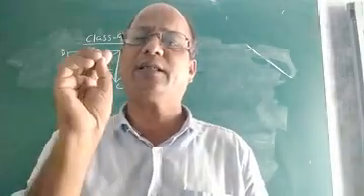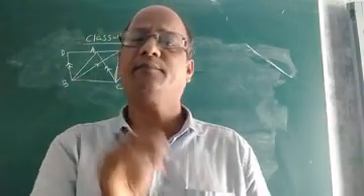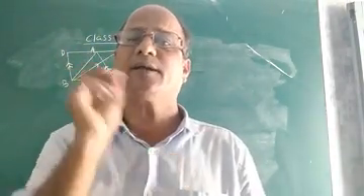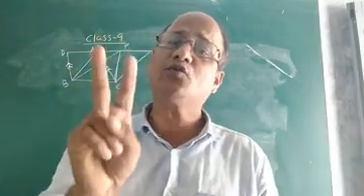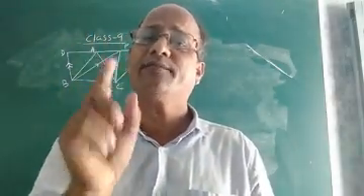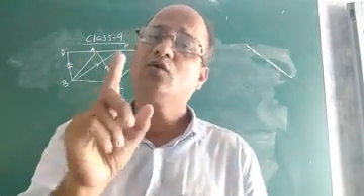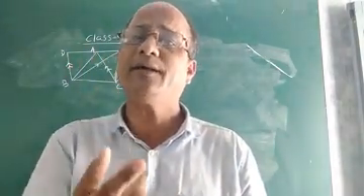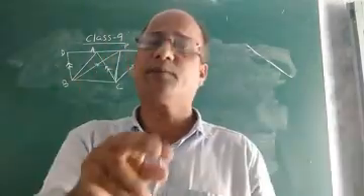It is already given that their area is the same and they stand on the same base. Then what will happen to their corresponding altitudes? Definitely the two altitudes will be equal. That means the two parallelograms will have equal corresponding altitudes.